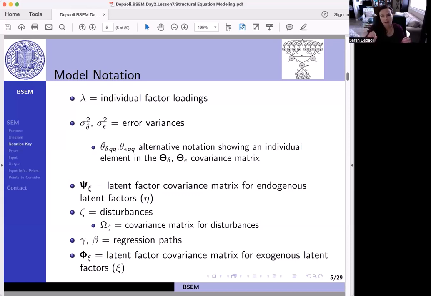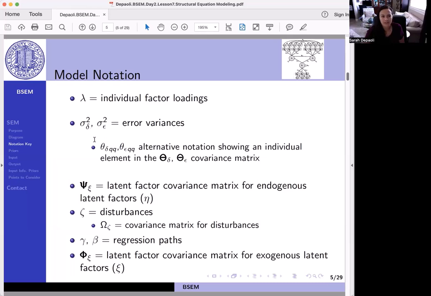Specifically, if we are talking about variances, these would be the diagonal elements of theta. And so we can have 2 different types of notation here. They mean the same thing. They're talking about these elements, these circles. You have variances for each of those listed up here and then also down here.